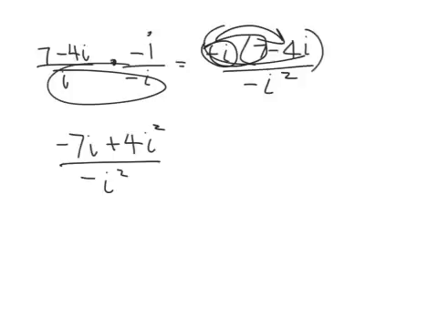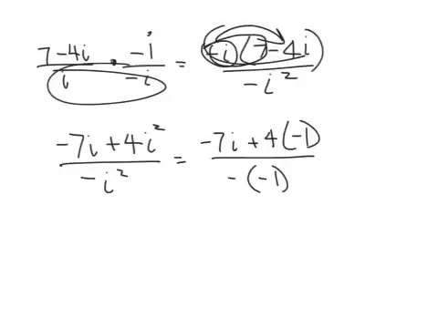Alright, let's take this one piece at a time. Negative 7i plus 4 i squared is negative 1, right? Over minus, and what's i squared? Negative 1. So I keep the minus there, and then I take the i squared as negative 1. So now I have negative 7i minus 4, because 4 times negative 1 is negative 4, over negative 1 is 1, which I don't even need to show.